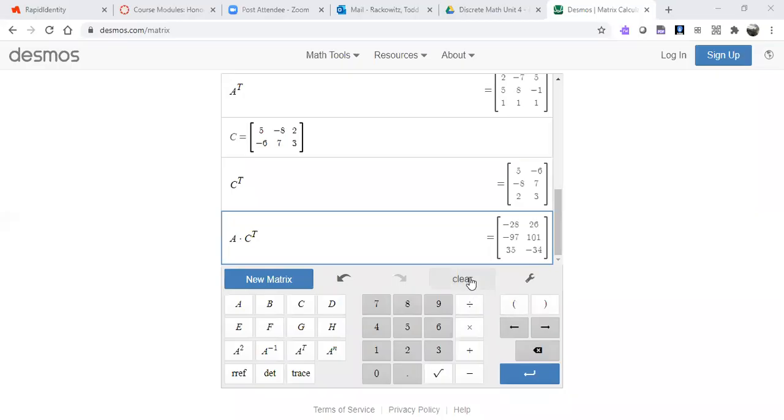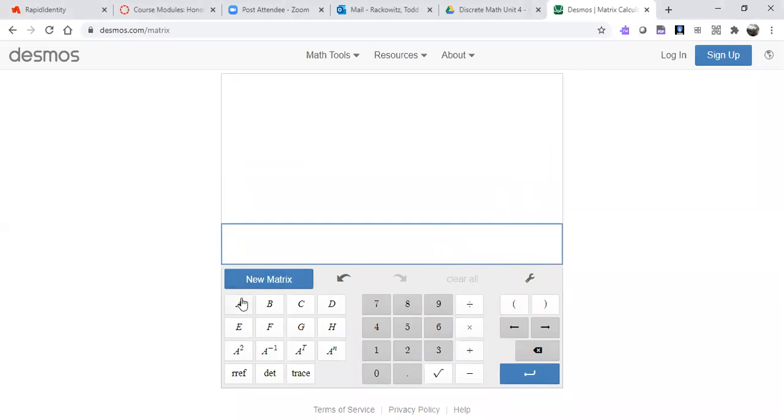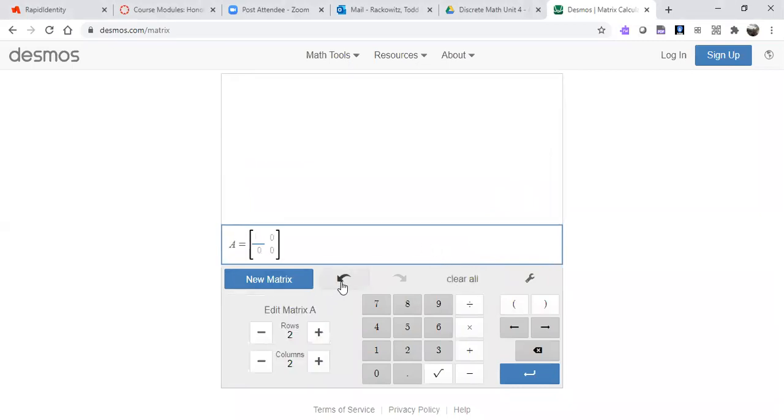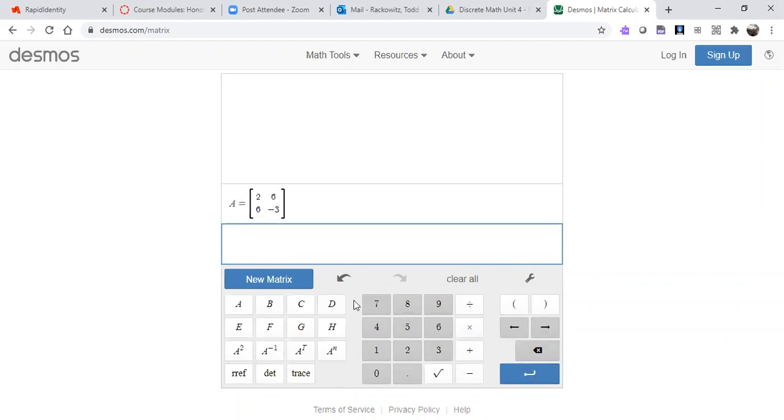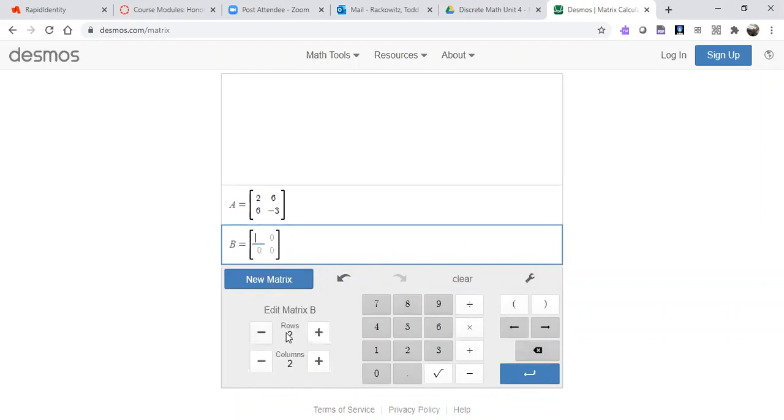So the first one I'm just going to clear off. So my first matrix was, remember, you don't have to type in the inverse, just type in the regular matrix, 2, 6, 6, -3. Type in a new matrix, which was a 2 by 1 of 22 and 24.